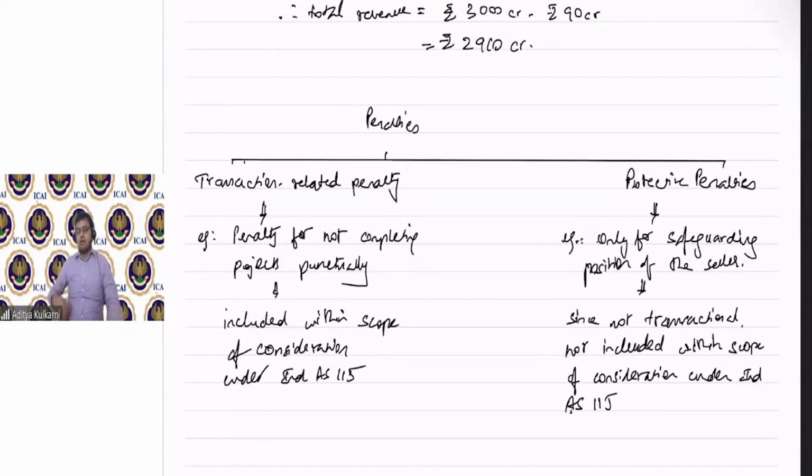That is your protective penalty. You want to safeguard your position, and that is why you are entering into such contracts. It is in no way linked to your revenue, and hence Ind AS 115 will not apply in the case of protective penalties.